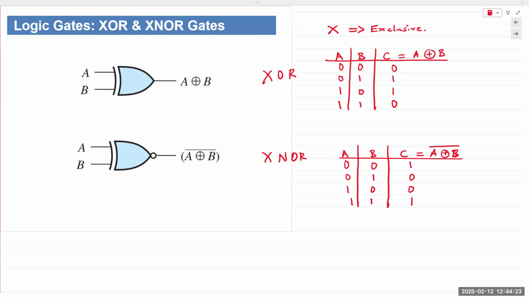So if both of them are the same, output is either high or low, depending on how you want to design your system, then the thermostat tells your heating or cooling unit not to turn on. If there's a mismatch between the set temperature and the actual measured temperature, then the outputs are different. If the outputs are different, then it turns on.